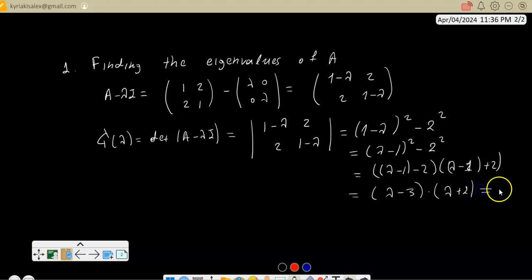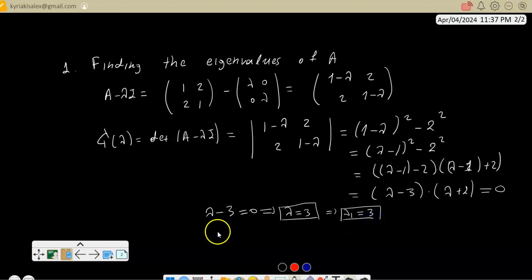And I take the characteristic polynomial to be equal to 0. So the roots of this characteristic polynomial are my eigenvalues. Lambda minus 3 is equal to 0, lambda equals 3. This is lambda 1. Lambda plus 1 is equal to 0, lambda equals minus 1. And this is lambda 2.